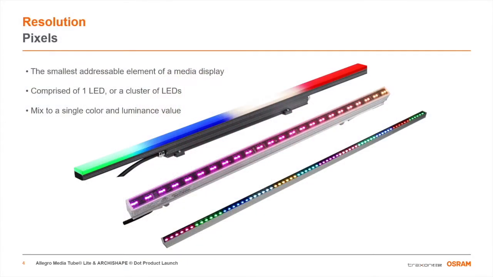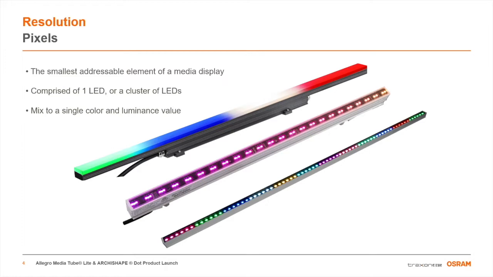Pixels, or picture elements, are the smallest addressable elements of a media display. They're comprised of one LED or a cluster of LEDs that mix to create a single color and luminance value. So in media light, a pixel could be one solitary LED or an entire fixture or even a group of fixtures.